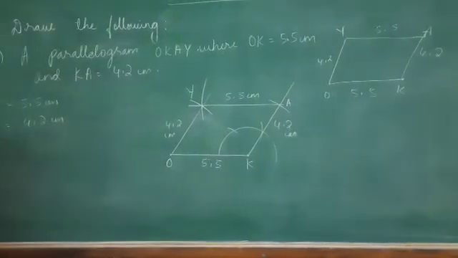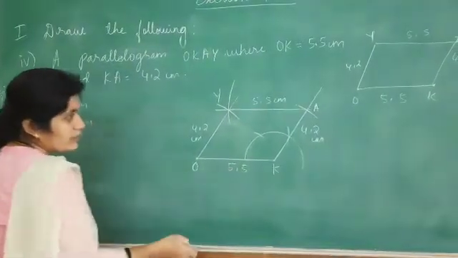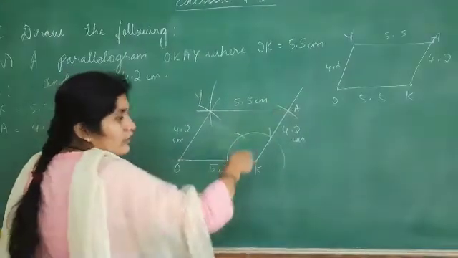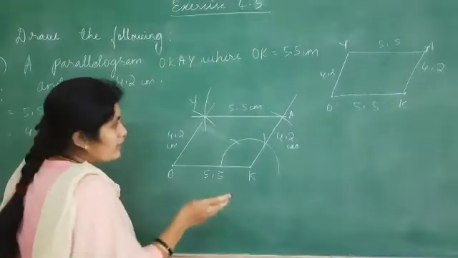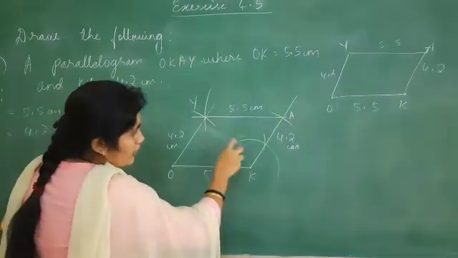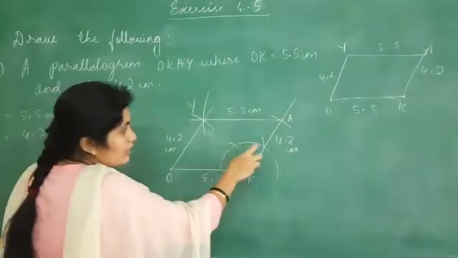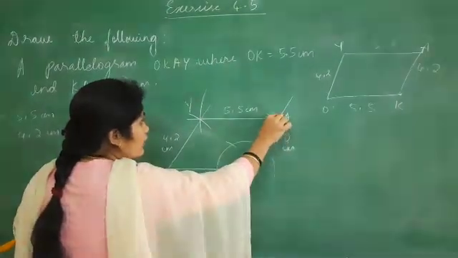So I would like to repeat once. OK is your base of 5.5 centimeter. So how to take 4.2 centimeter? Because we don't have any angle, I have constructed here a 120 degree angle because we are drawing a parallelogram. So take 120 degrees by using compass and ruler. Draw 60 degrees 2 times and you will get 120, and through that point you can draw 4.2.